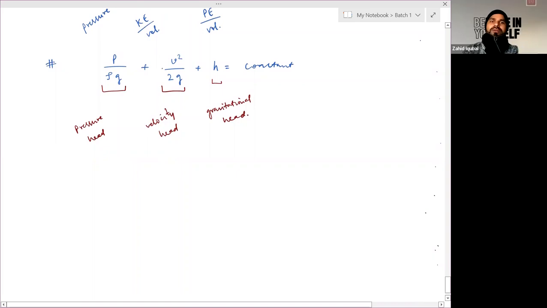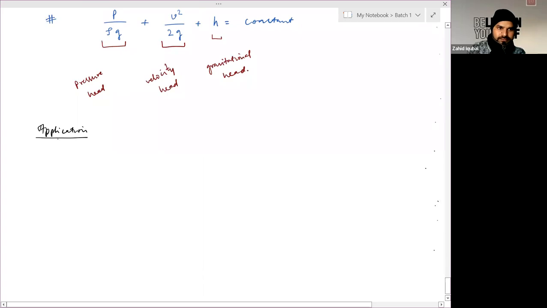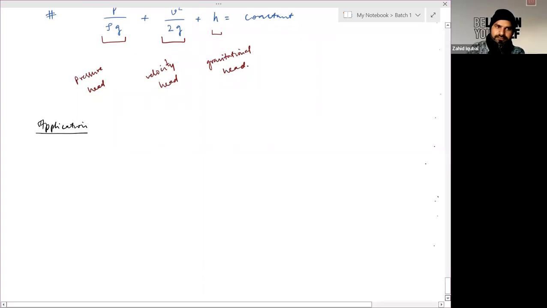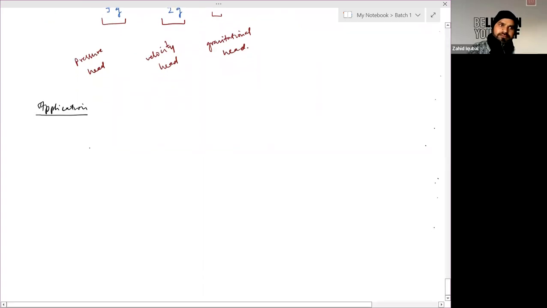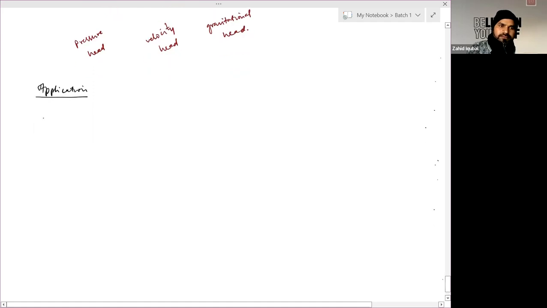Now let me explain the calculation on the basis of its application. The first application is the upliftment of an aeroplane.